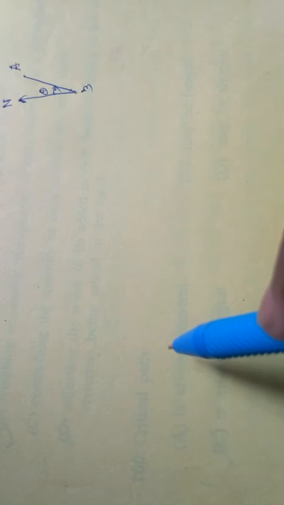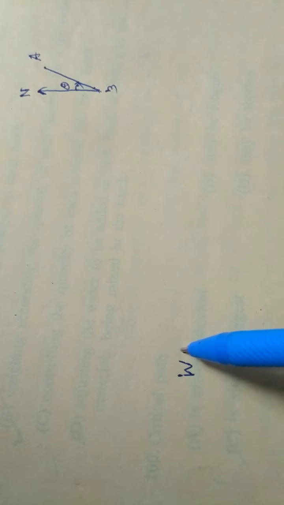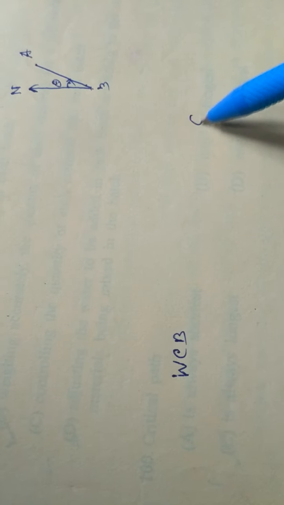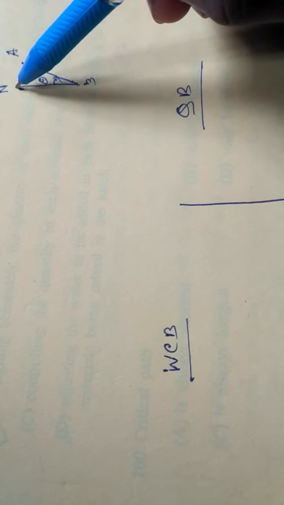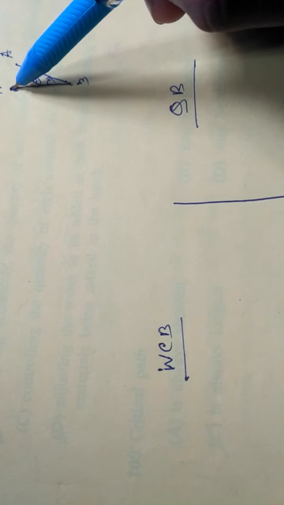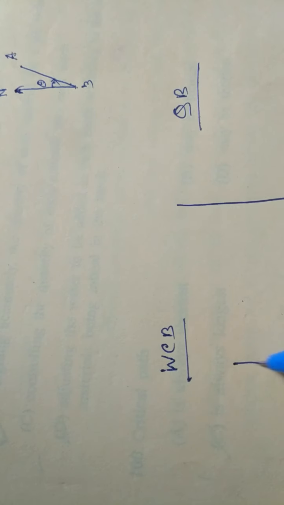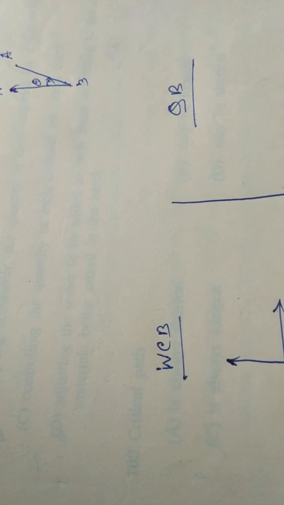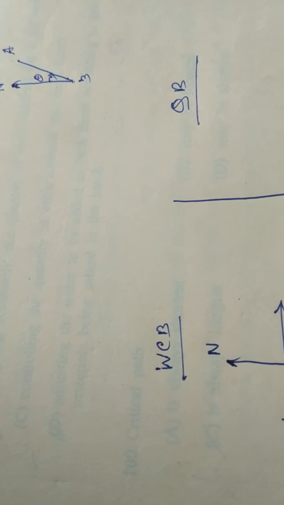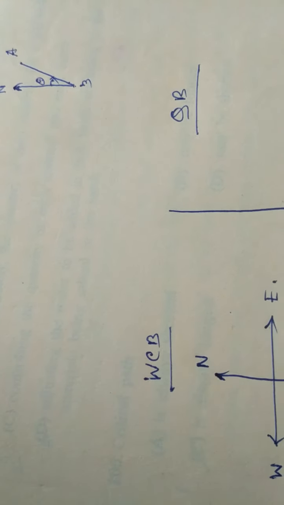Now there are two ways of representing this bearing. First one is your whole circle bearing and second one is your quadrantal bearing. Suppose now this north direction is converted into your quadrantal system as north, south, west, east.